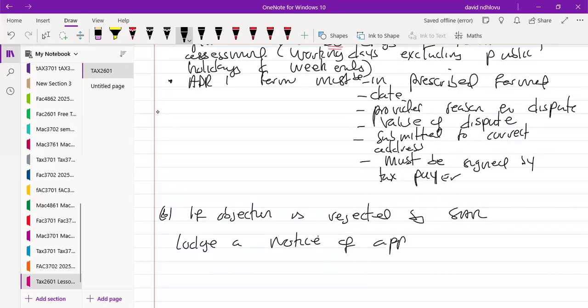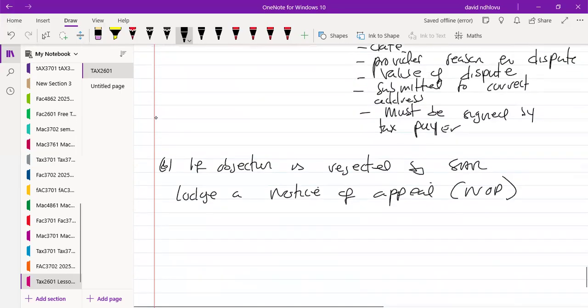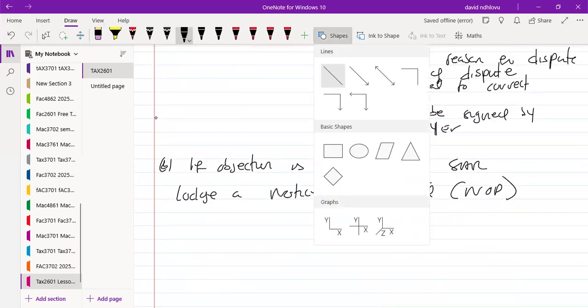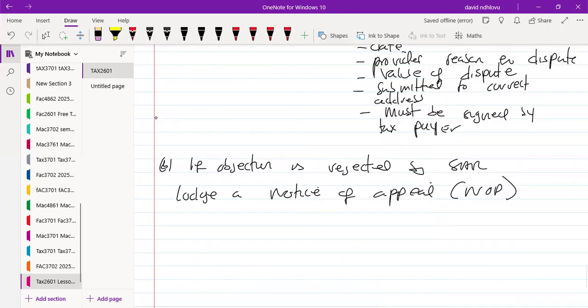The notice of appeal form is the NOP. With a notice of appeal, you fill in a form called an ADR2 form.